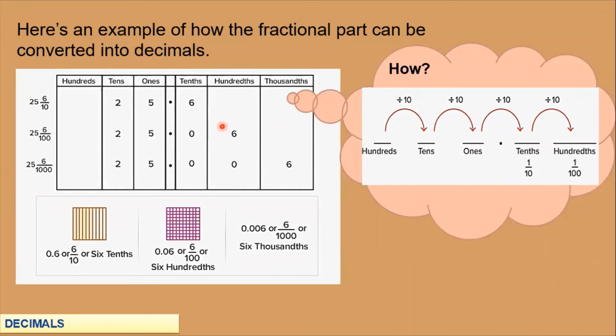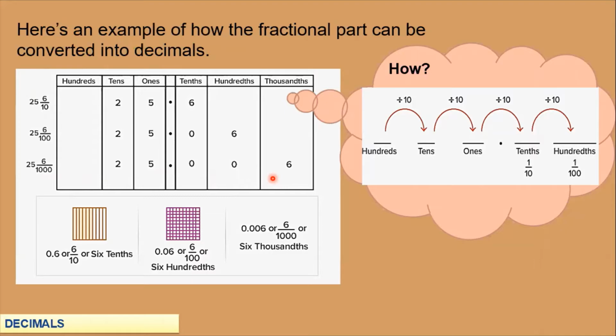Here's an example of how the fractional part can be converted into decimals. We have here the whole part, which is 25, and then the decimal part is 6 over 10. In decimal, it is equivalent to 0.6. For the next one, 6 over 100, or in decimal, it is 0.06, and 6 over 1000 is 0.006 in decimal.